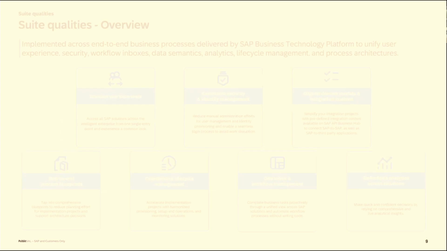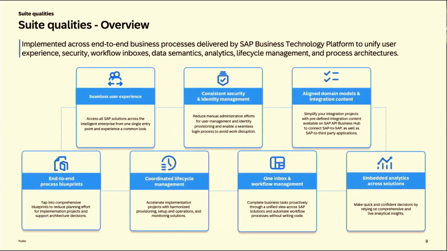To highlight the main suite qualities, we can see them here now. One is the seamless UX aspect, to have the harmonized UX, as mentioned before. Then the other one is the security topic. We have the aligned domain model.